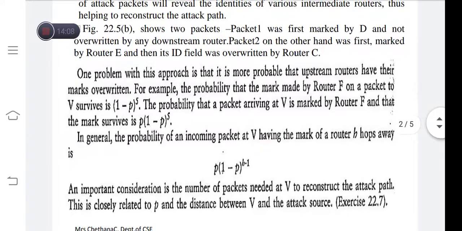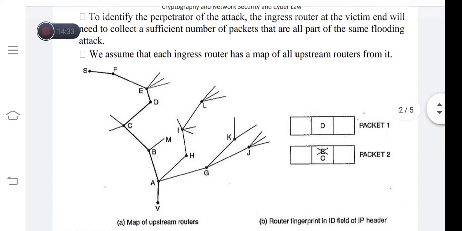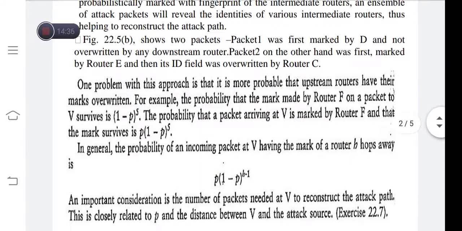Now, one of the problems with this approach is that it is more probable that upstream routers have their marks overwritten, because we saw, for example, router E marked initially, then it was overwritten by router C. Therefore, if I consider the probability that the mark made by router F on a packet to V survives, it is (1 minus p) to the power 5.